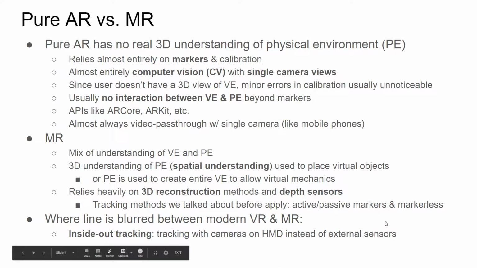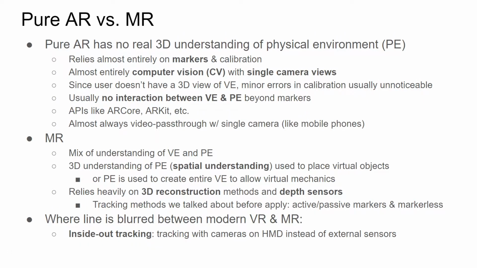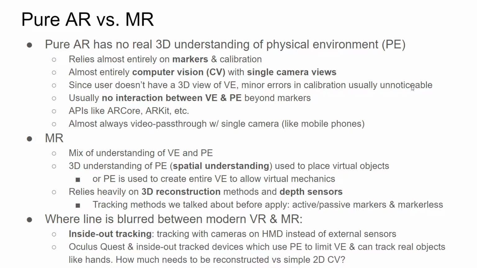In VR and MR, it's a bit of a blurry line nowadays, because we have inside-out tracking, where the VR headsets do actually need some understanding of the real world in order to track correctly, like the Oculus Quest, for example. So, there's debate about how MR these VR headsets are.